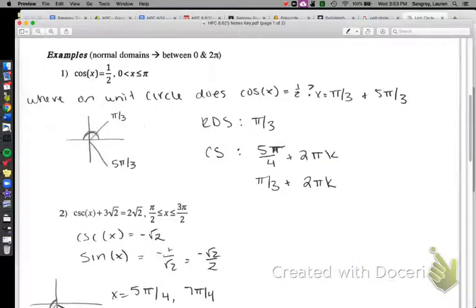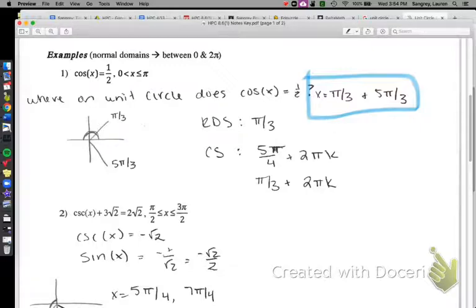So let's go back to our problems from yesterday's notes. We already know what our x values are that satisfy this equation, and we already know what our restricted domain was. So what we really want to look at here is what our original solutions were before we looked at any restrictions, and that was pi over 3 and 5 pi over 3.